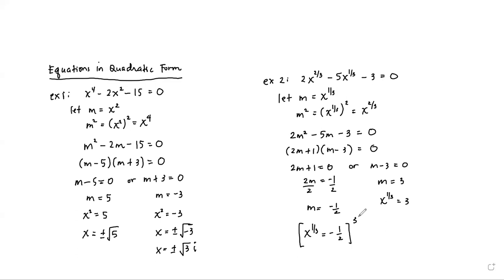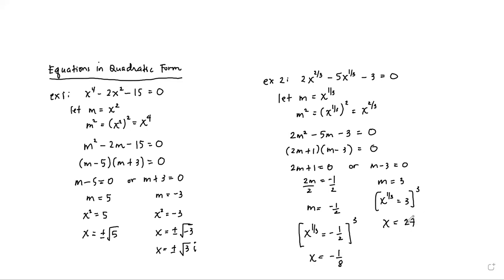So x raised to 1 third when raised to 3 will become x, and the negative 1 half raised to 3 is equal to negative 1 over 2. And then for the second equation, also we get the cube of both sides of the equation, and so we get x is equal to 3 raised to 3, which is 27.